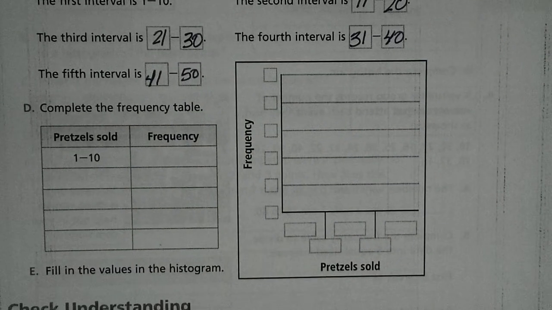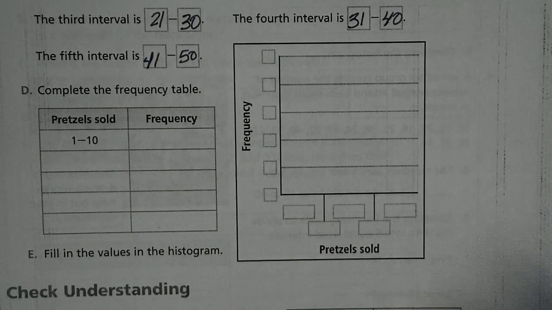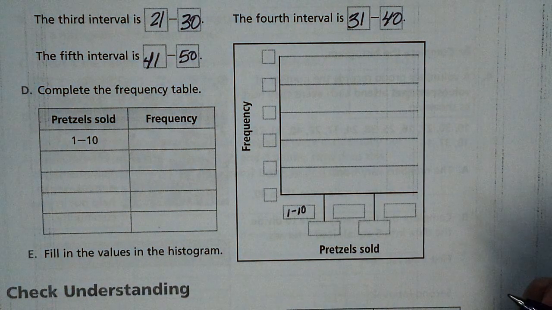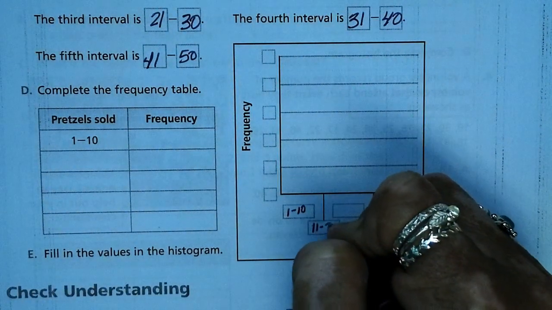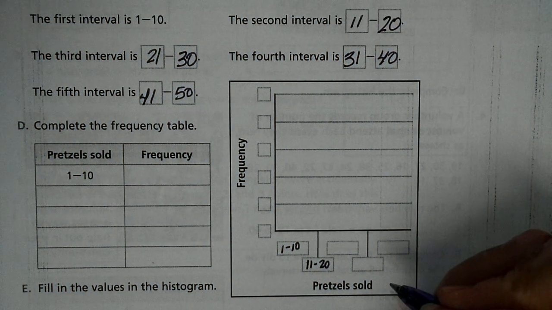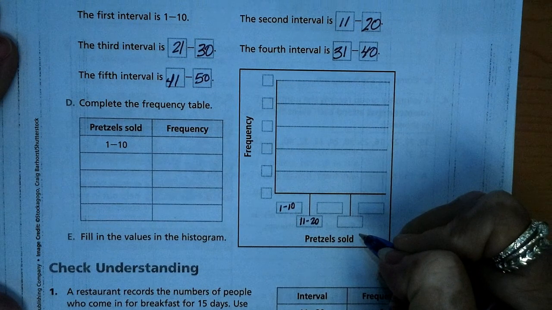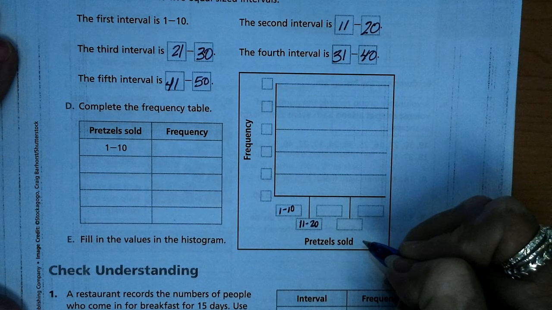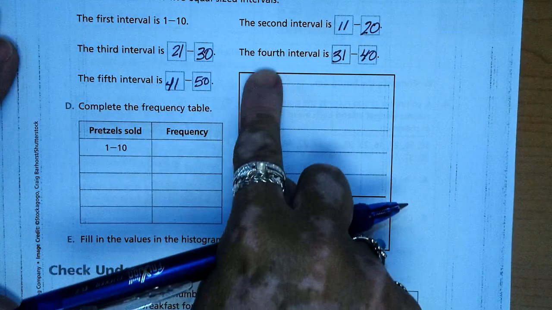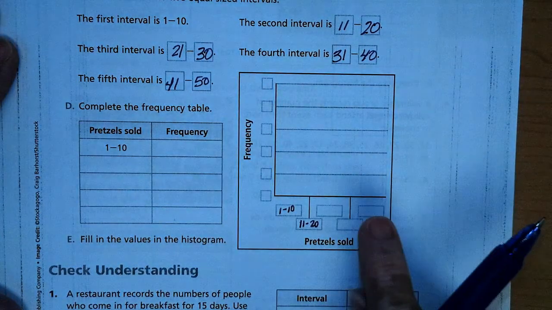Then you're going to come down to the histogram and you're going to relabel the bottom. So 1 to 10, 11 to 20. Frequency went on the side. So not our intervals. Our frequency is how many are in that interval.